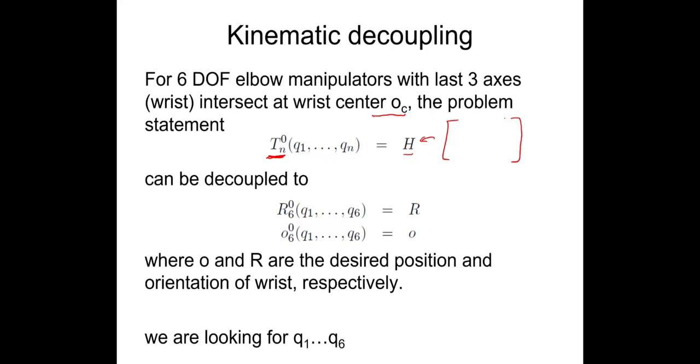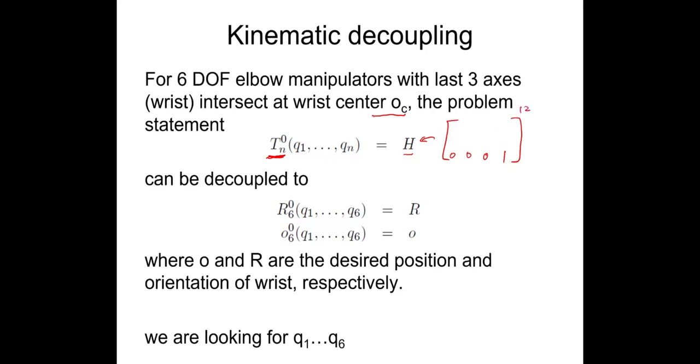So it means we have a matrix with 12 real numbers. It should be a 16-element matrix, which is 4 times 4, but the last row is 0, 0, 0, 1, so we have 12 elements.